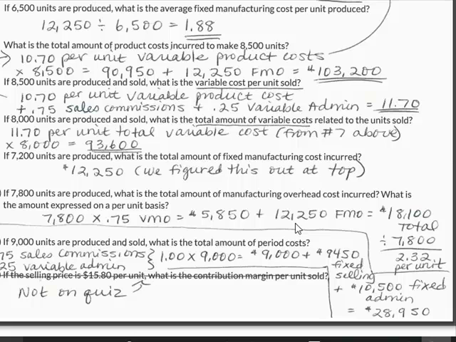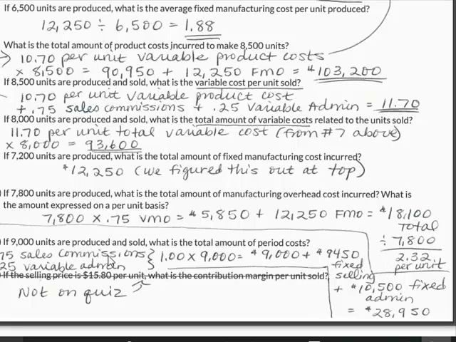Then add the fixed overhead that we calculated previously to get our total. And part 2 of this question asks for the amount to be expressed on a per unit basis. So we'll divide by the 7,800 units to get our new average cost for manufacturing overhead, $2.32 per unit.